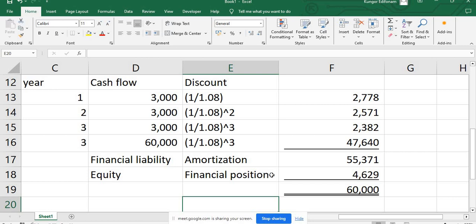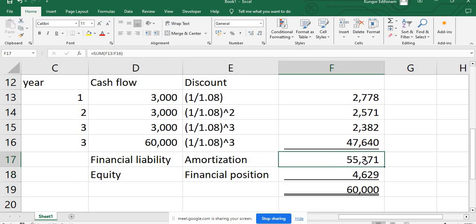So when you are done, the equity component will add up to your equity, but your financial liability would need further adjustments. The equity component goes straight to equity, but the financial liability would need further adjustment called amortization.